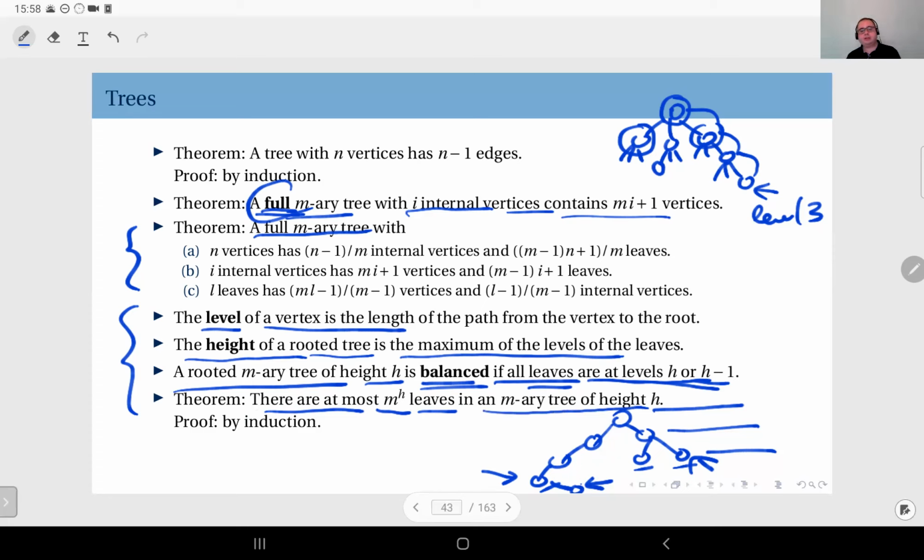Well, this is not that difficult to prove because you will just consider the case where you have all vertices having children at the final level, and m to the h is going to be not that difficult to prove using induction. You will start with the basic step of a single vertex as the root, and that will refer to m to the power 0, and then prove using induction.